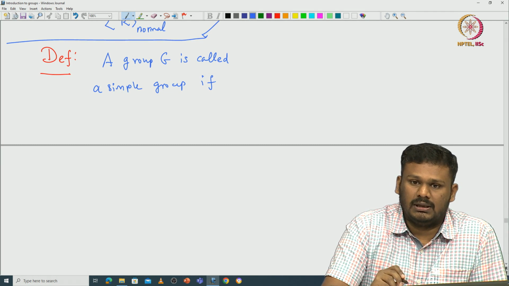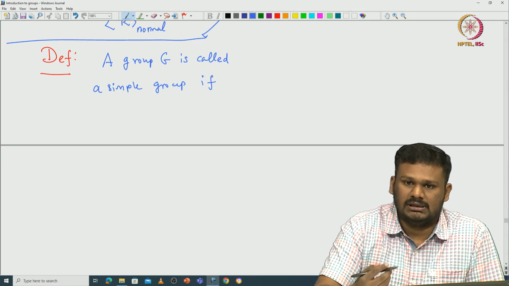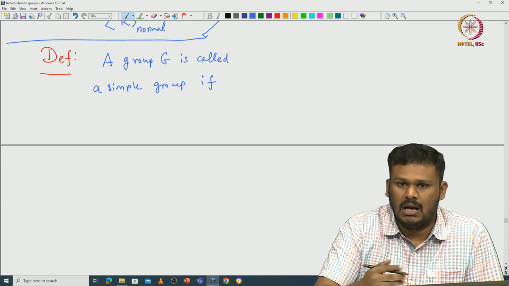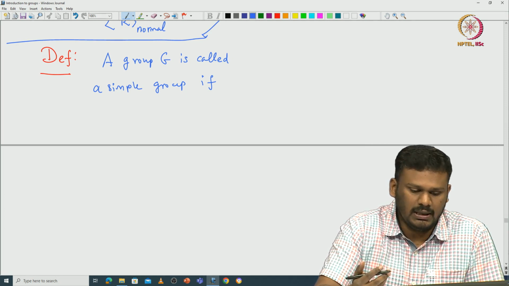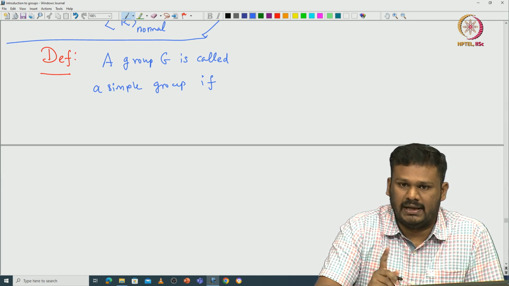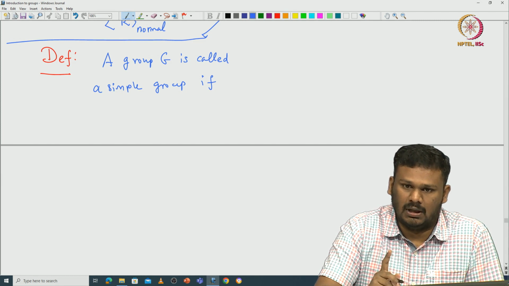What is the meaning of that? You know that the identity subgroup, the singleton identity, is a normal subgroup, which is easy to verify, and the whole group G is also a normal subgroup. A simple group has only these two as normal subgroups. None of the other subgroups are normal.